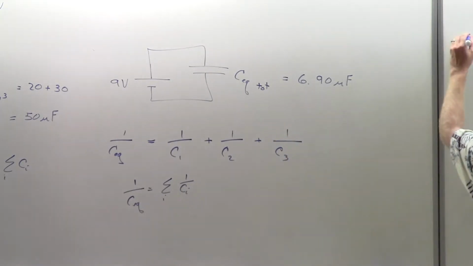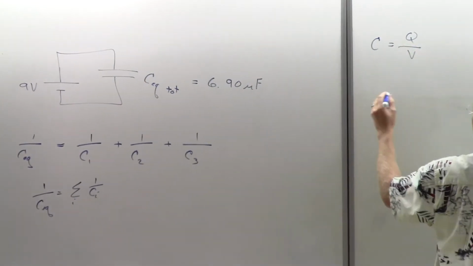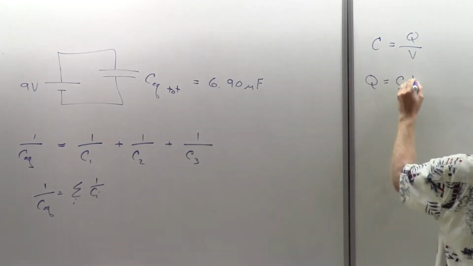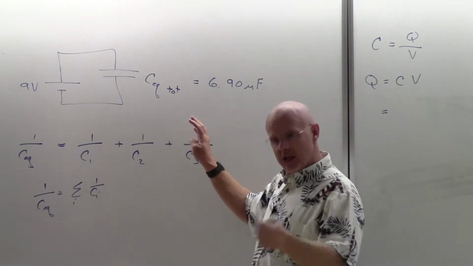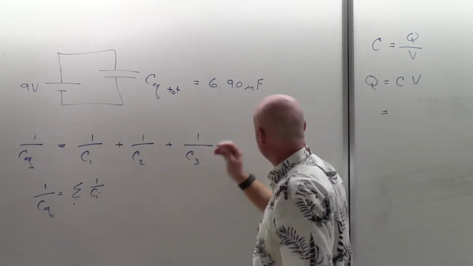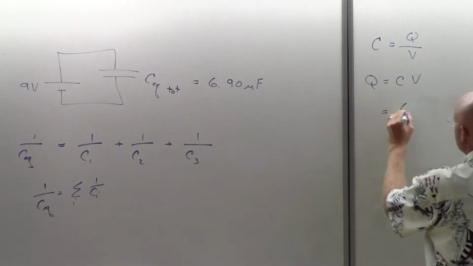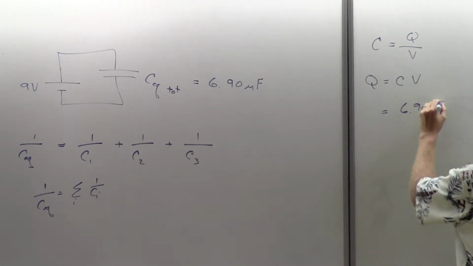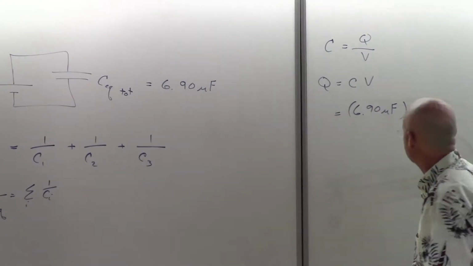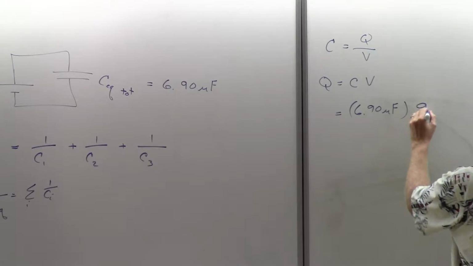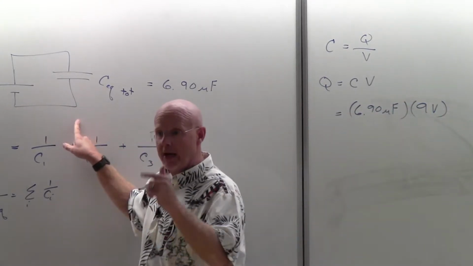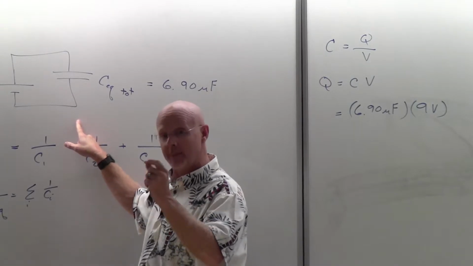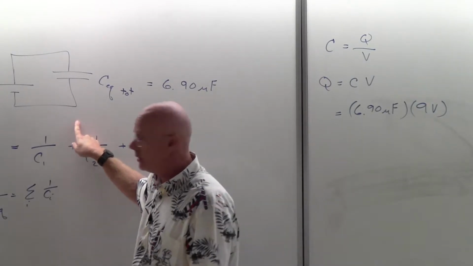Right? Isn't capacitance just charge per volt? So the charge is capacitance times the voltage? So looking at this circuit, which again, it's the equivalent circuit, it's not the real thing, but here's where it's useful. If I look at that and I put 6.90 microfarads for the equivalent capacitance, and I multiply it by the 9 volts, see, that's the real nice thing about it coming all the way down to one capacitor. You know that the one capacitor is going to build up a charge to 9 volts.